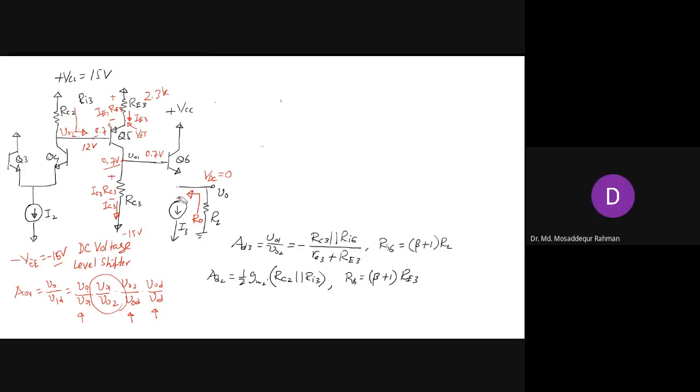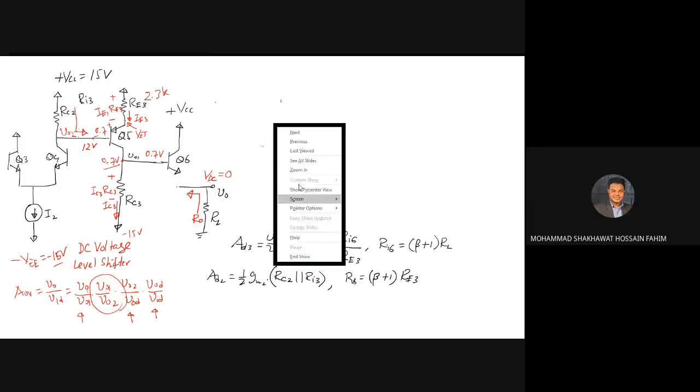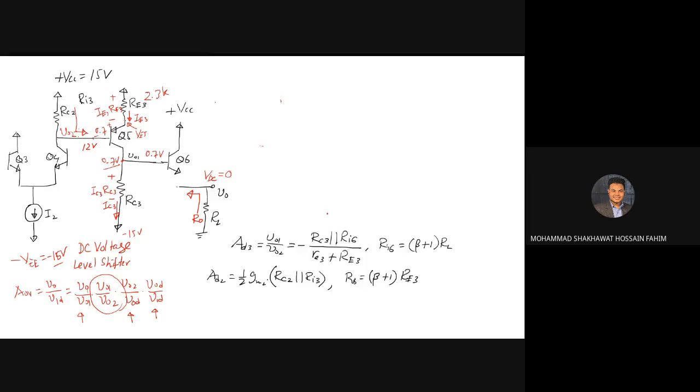Yeah, I make it open. This is open, right? Yes, sir. Current source is open, but this part is connected, no? Yes, sir. So your output resistance will be infinite still. No, sir. RE6 will be there. So there is the question.